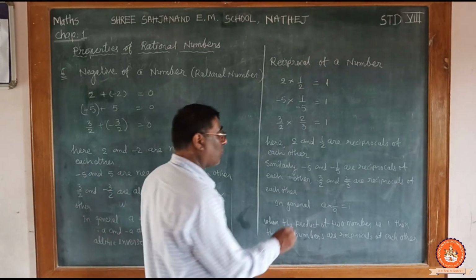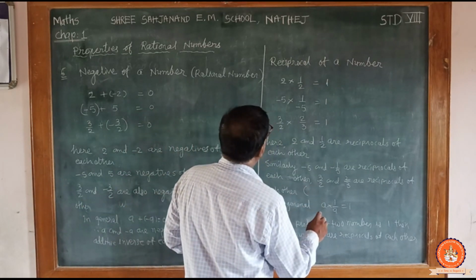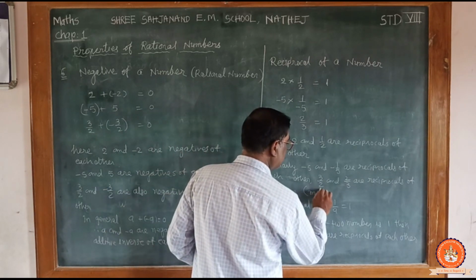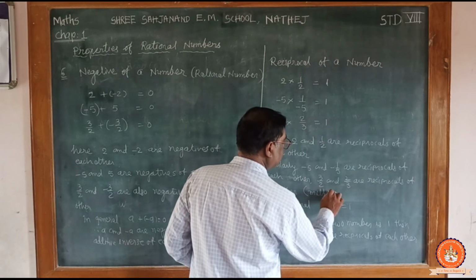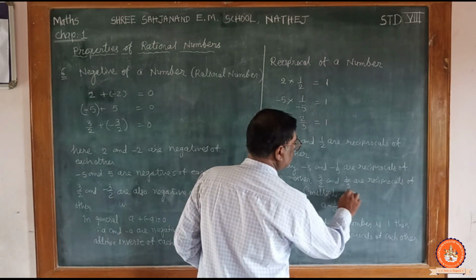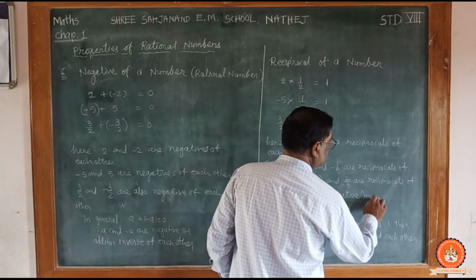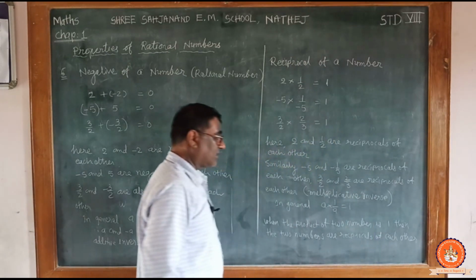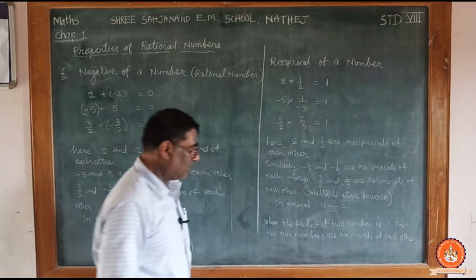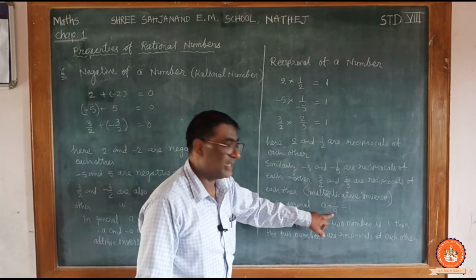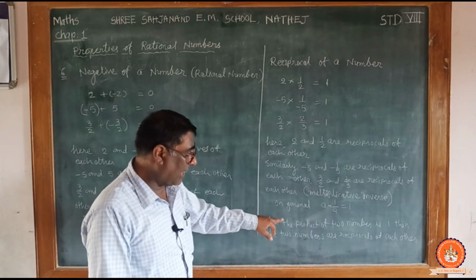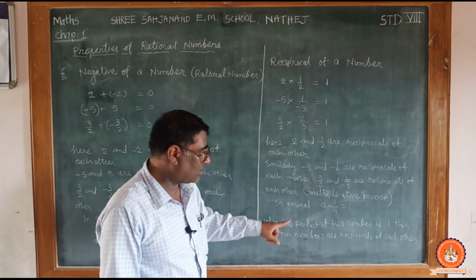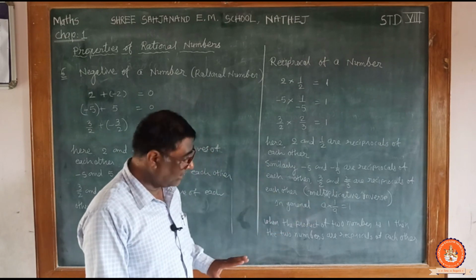Reciprocals are also known as multiplicative inverse. So in general, a into 1 upon a is equal to 1. When the product of two numbers is 1, the two numbers are reciprocals of each other.